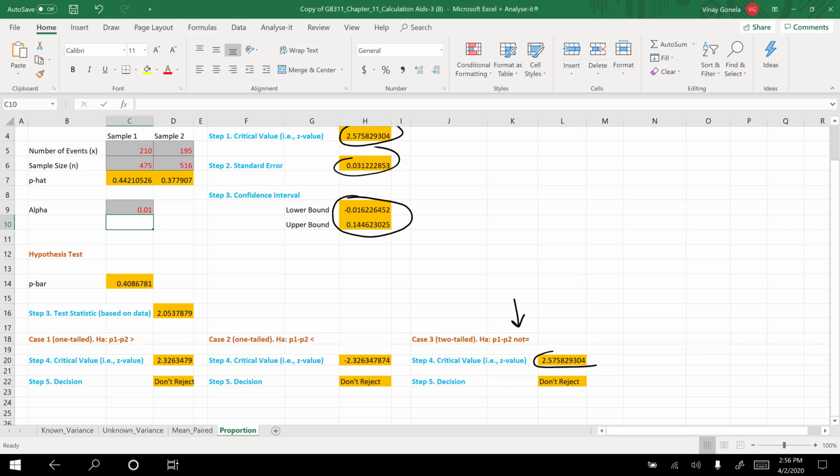My critical value is 2.57. I don't reject H null, so that means P1 is equal to P2. So that's how you'll be solving these problems. This concludes my lecture on proportion. Thank you.